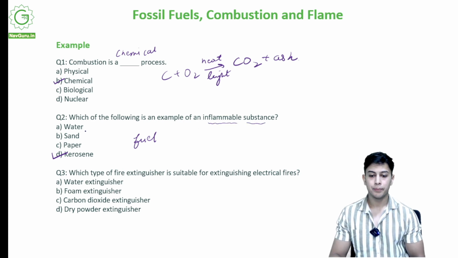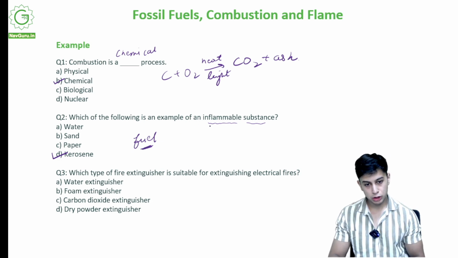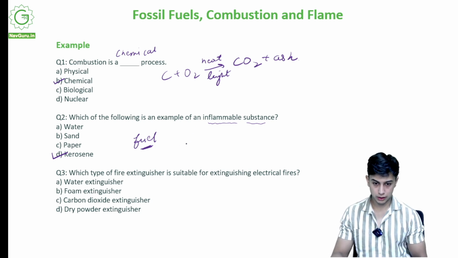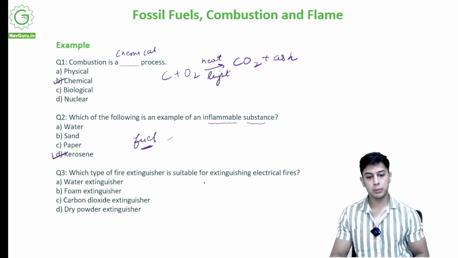Okay, so over here I also have paper, but I chose kerosene. Why? It is a fuel. It is supposed to be inflammable, it is supposed to burn readily, very fast, and give a lot of energy. Okay, so kerosene.